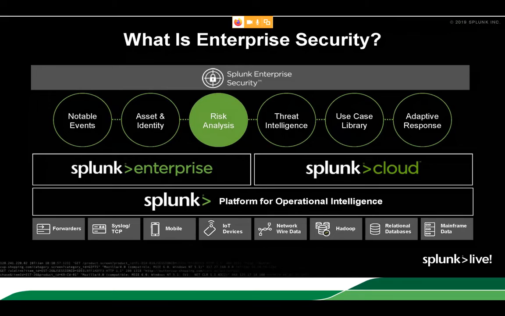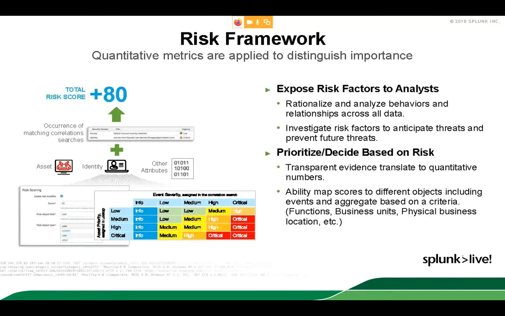We can go to risk analysis, the risk framework. In the risk framework, this is a very interesting part, and very simple as well. What it does is quantitatively measure the asset and identity activity done in the environment, and accordingly gives a risk factor to the incidents generated.